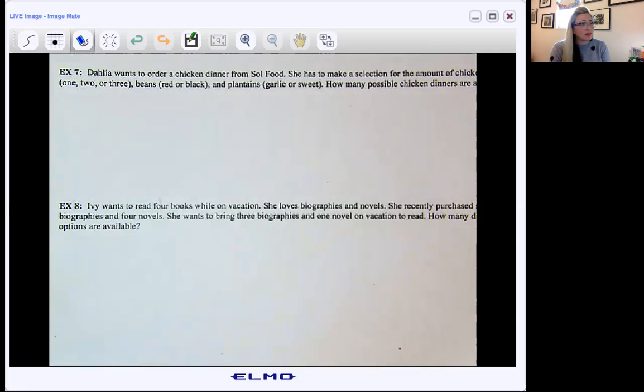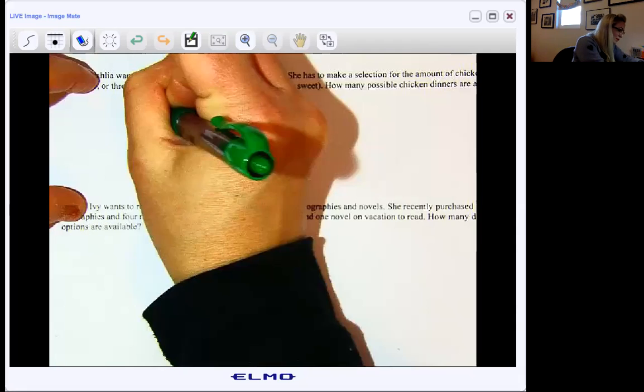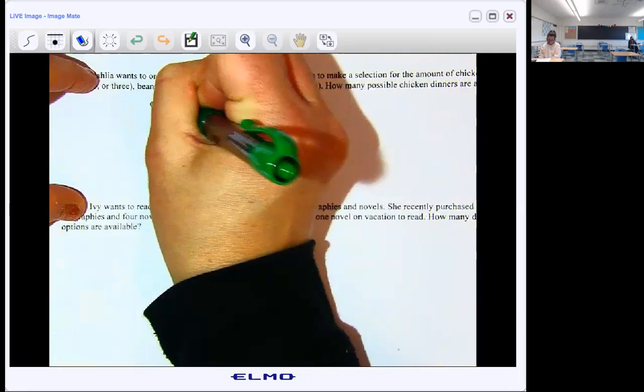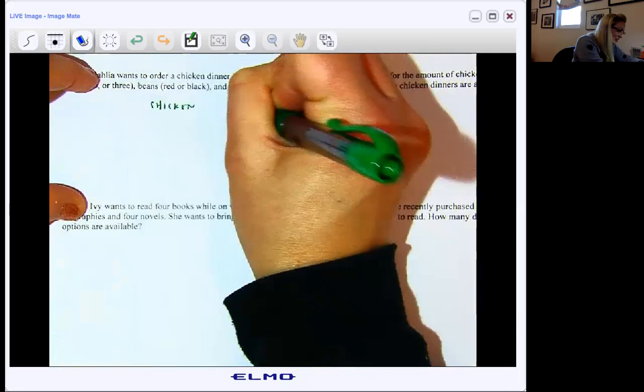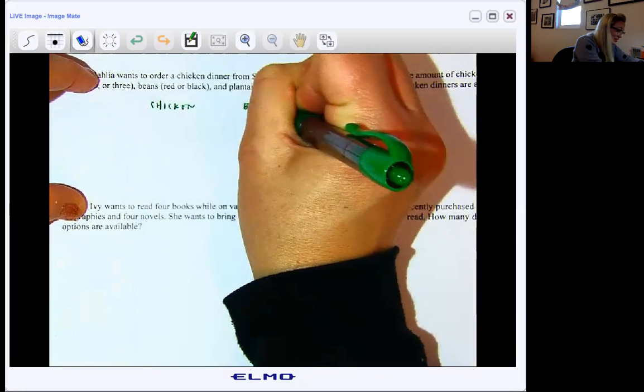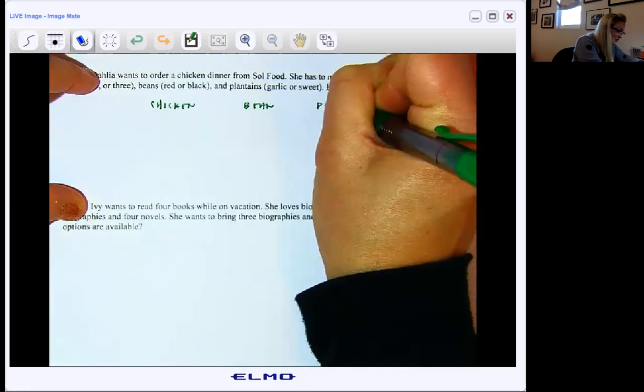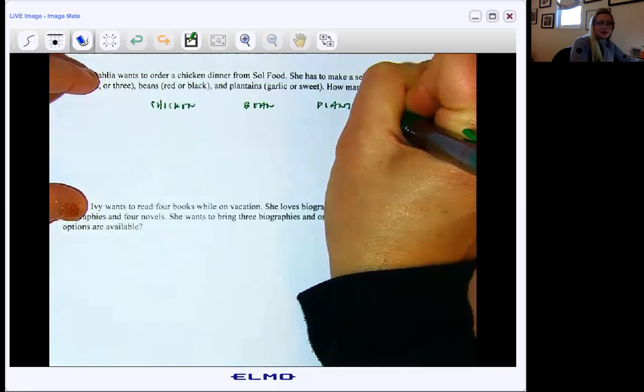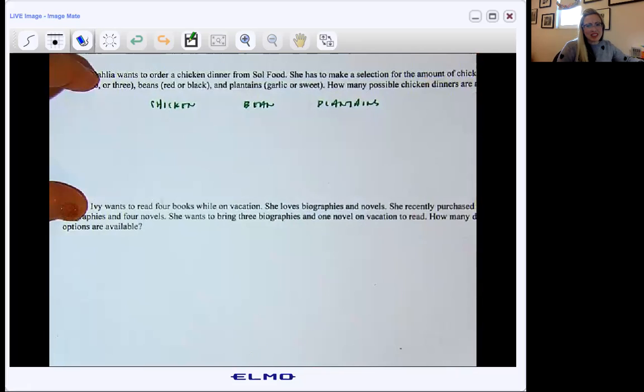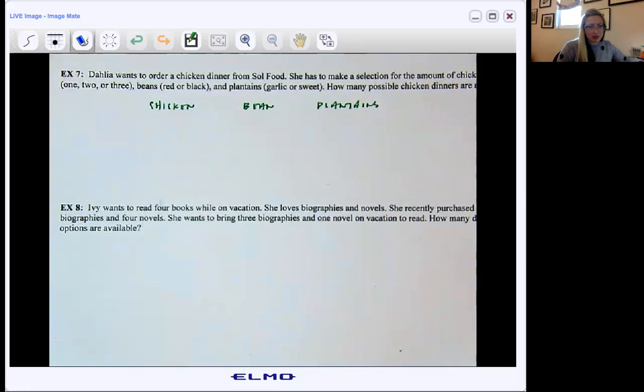Well, this one's a little bit different because she's picking from 3 different groups. She's picking from chicken, beans, and plantains. So with the chicken, there's really 3 options because she could pick 1, 2, or 3 pieces.